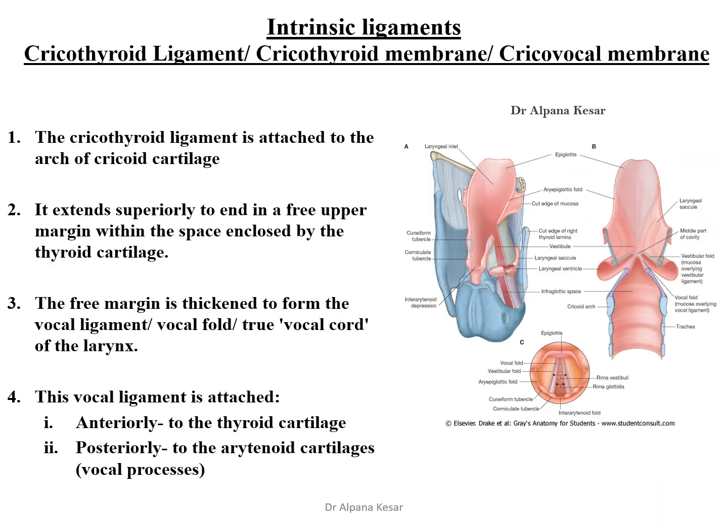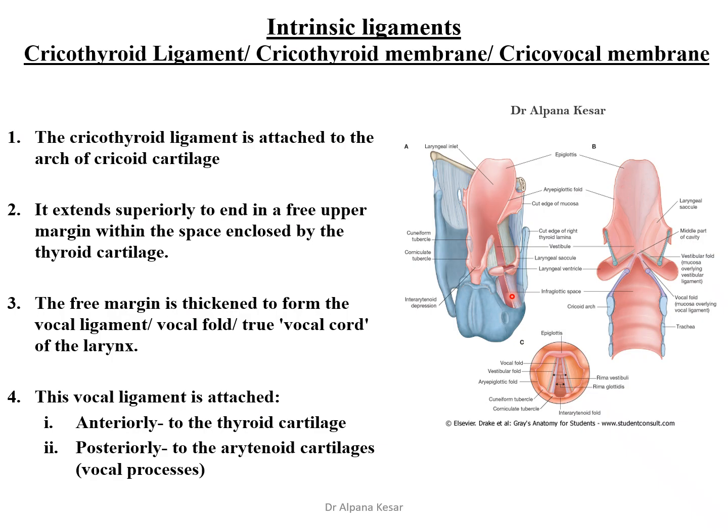Intrinsic ligaments of larynx. There are two intrinsic ligaments of larynx, and they are the cricothyroid membrane, which is this, and the quadrangular membrane, which is this. Starting with the cricothyroid membrane. Cricothyroid membrane is also known as cricovocal membrane. It is also known as cricothyroid ligament.